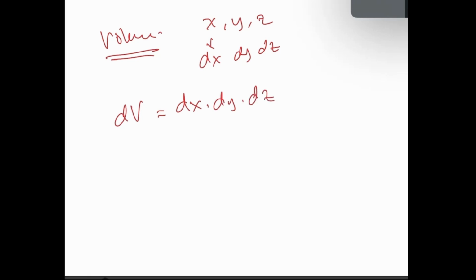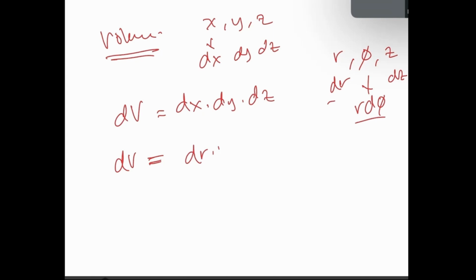For cylindrical, we have dv equal to r, phi, and z. R is dr, phi is r d phi, z equals dz. So the volume for cylindrical will be equal to dr times r d phi times dz.